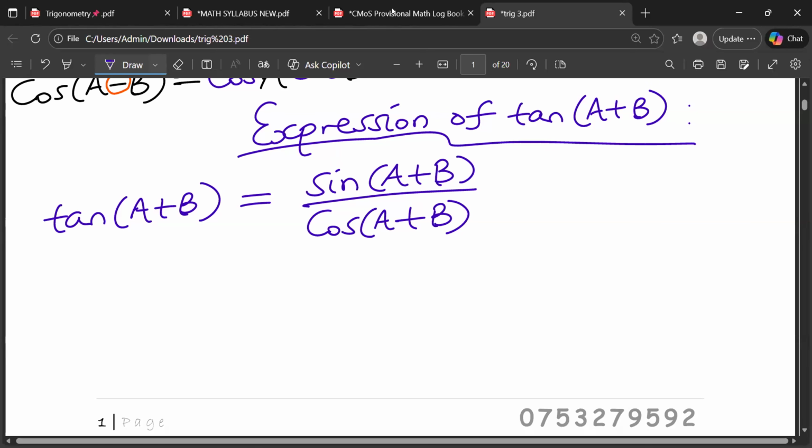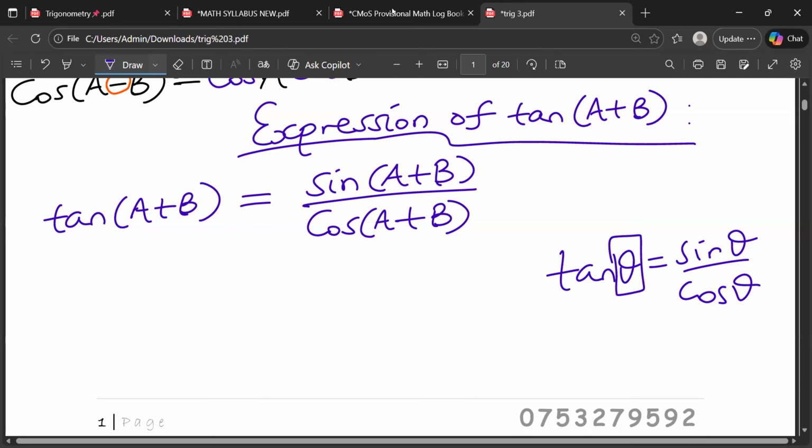People, is that step okay? In case it's not okay, you raise up your hand. Just like the way you say that tan theta is sine theta over cos theta, we are also removing theta and putting A plus B, A plus B, A plus B. It's a must to do like that.